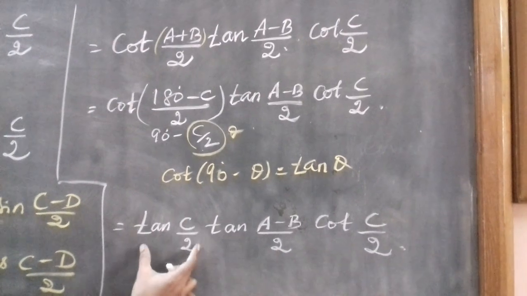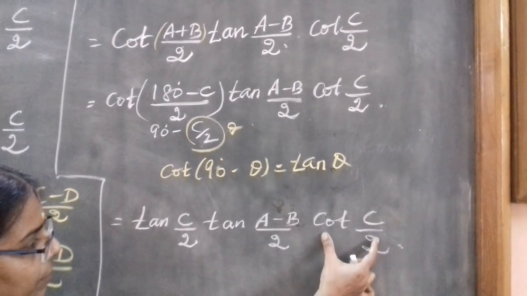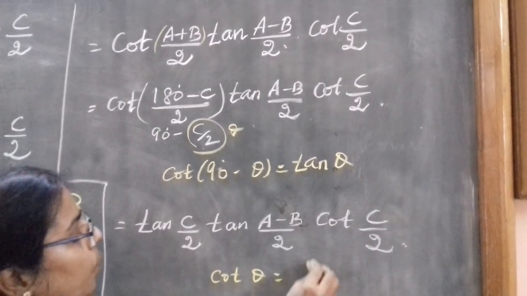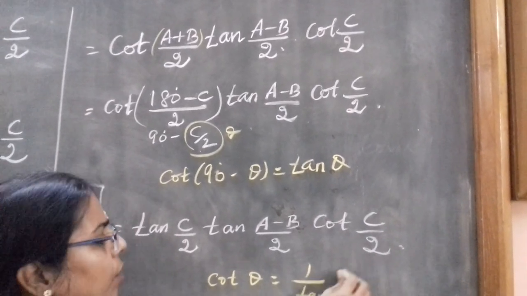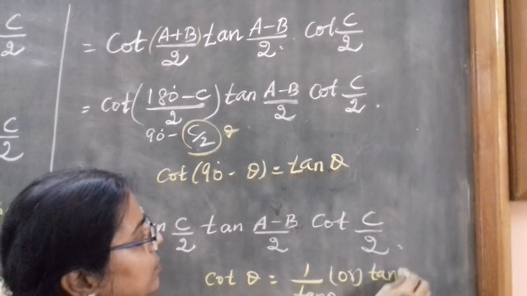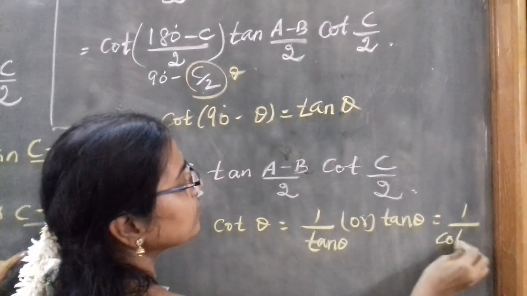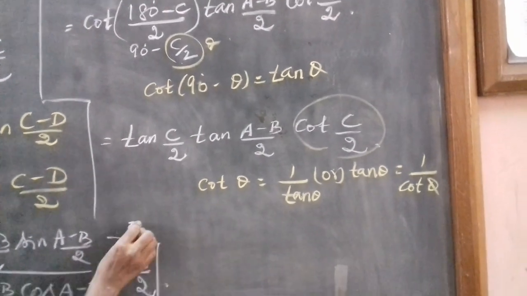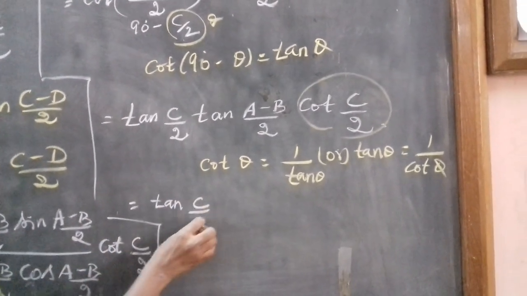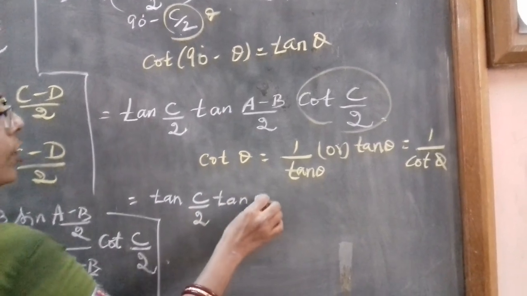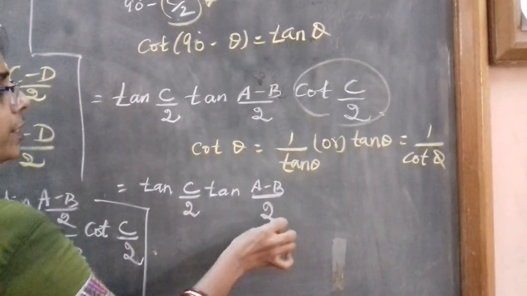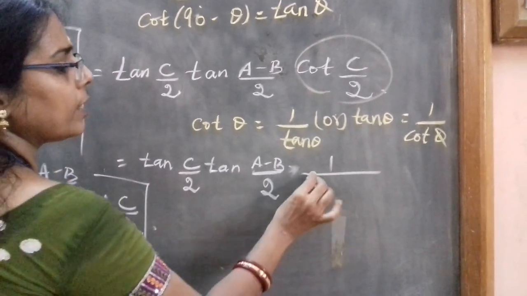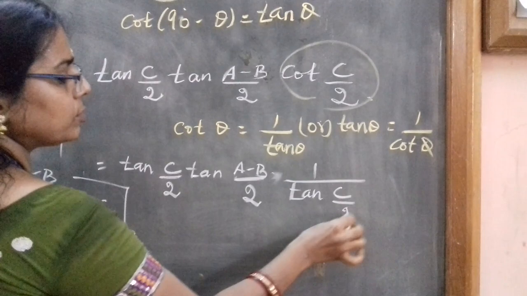Now observe this. We have tan C by 2 and here cot C by 2. We have learned that cot theta is equal to 1 by tan theta. So now cot C by 2 we can write as 1 divided by tan C by 2.